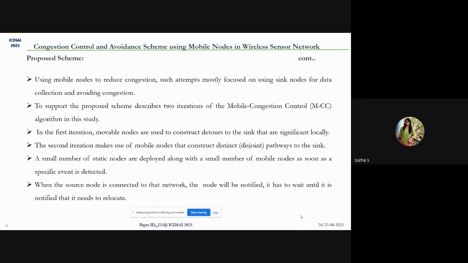A small number of static nodes and a small number of mobile nodes are deployed in the environment whenever the event is detected. Thus, the source node is connected to the network and the node is notified, until it is reallocated.